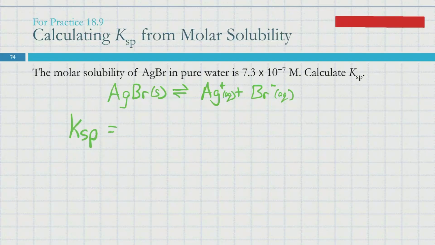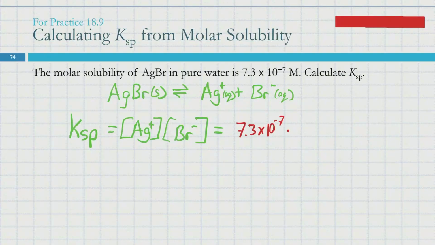Ksp equals concentration of silver ion times concentration of bromide ion. So for our Ksp, we plug in that 7.3 times 10 to the minus 7 for both of those.